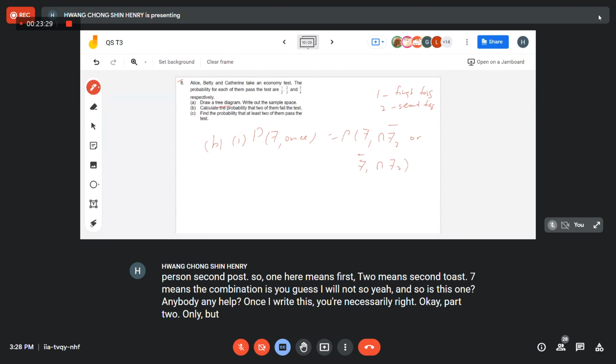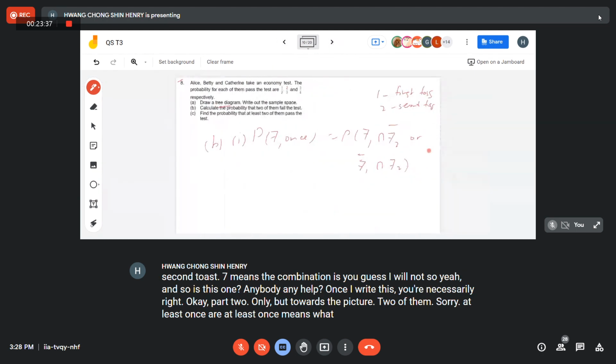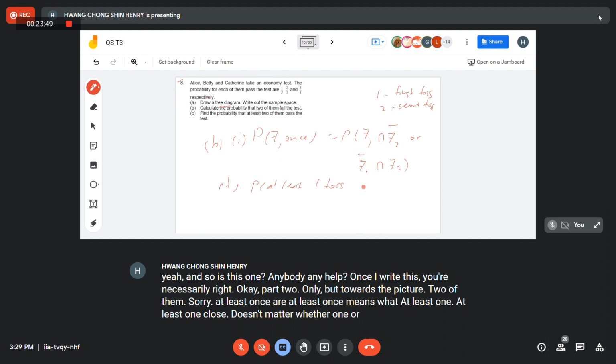Okay, part 2. Part 2 was the question, sorry. At least once. At least once means what? At least one toss, doesn't matter whether first or second toss, gives total 7.